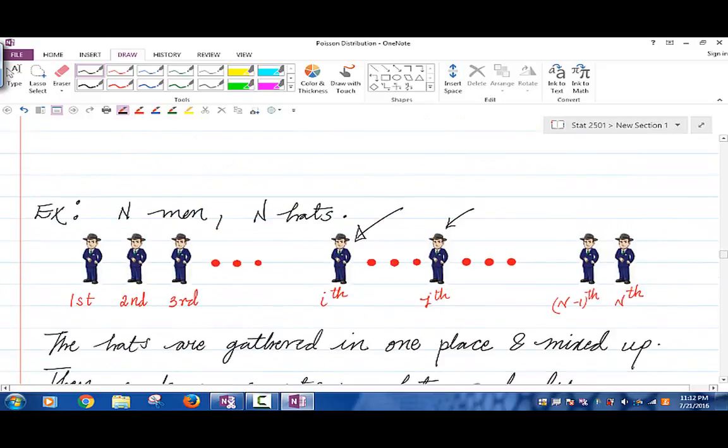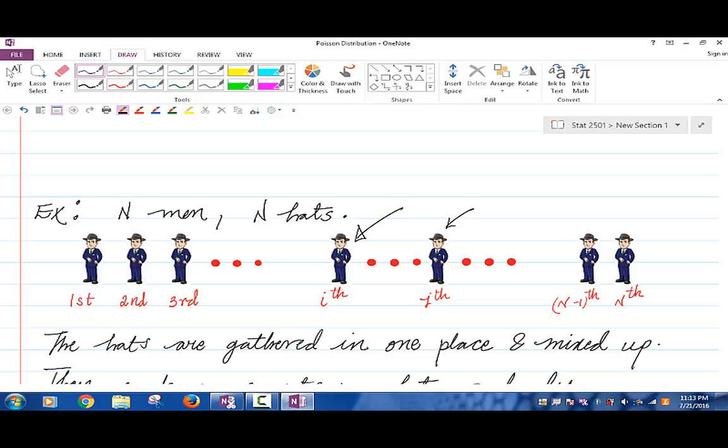We have n men, n hats. The hats are permuted or rearranged among them, and what we are asking is what's the probability that the men i1, i2 and i3 keep their hats, and the remaining hats could be rearranged in any order.